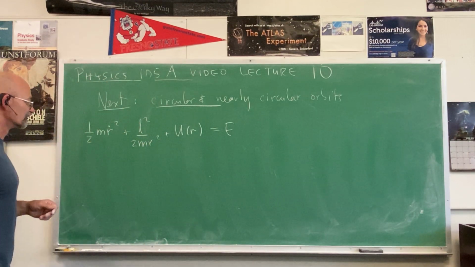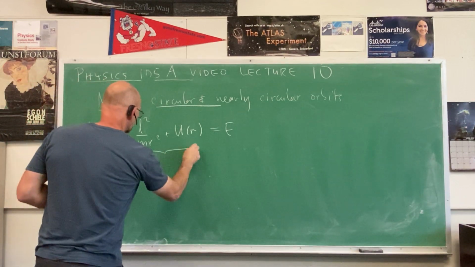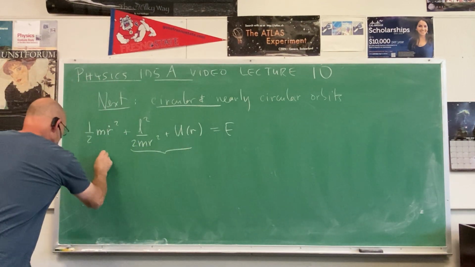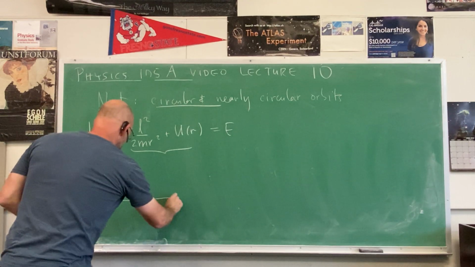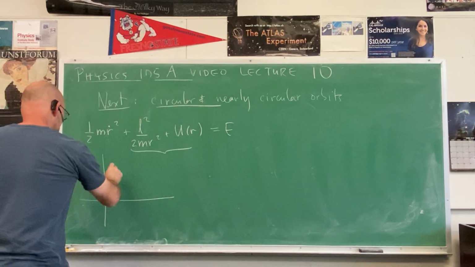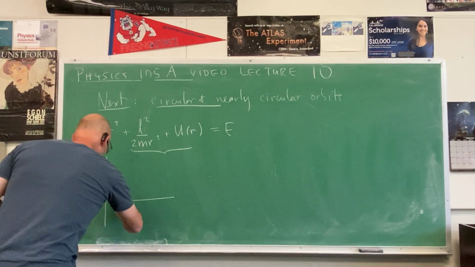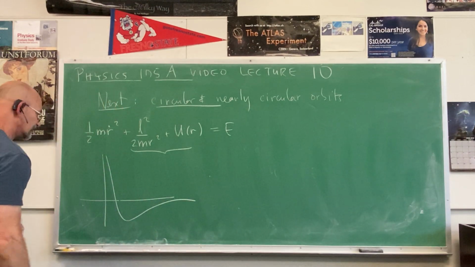Here's the radial equation. Here's our effective potential. And I'll go ahead and draw our generic Kepler version, the Newton version, just because it has a lot of the essential features. Nicely exaggerated here.